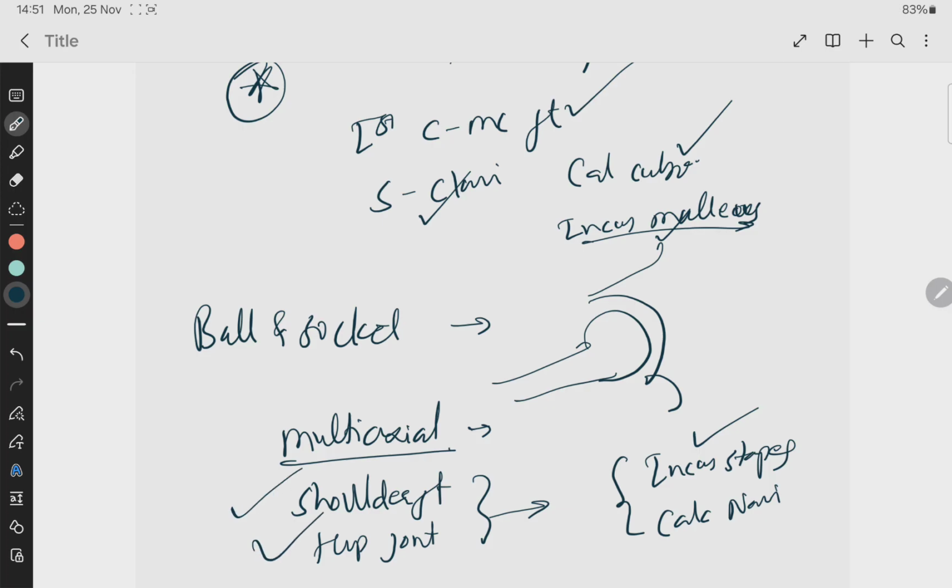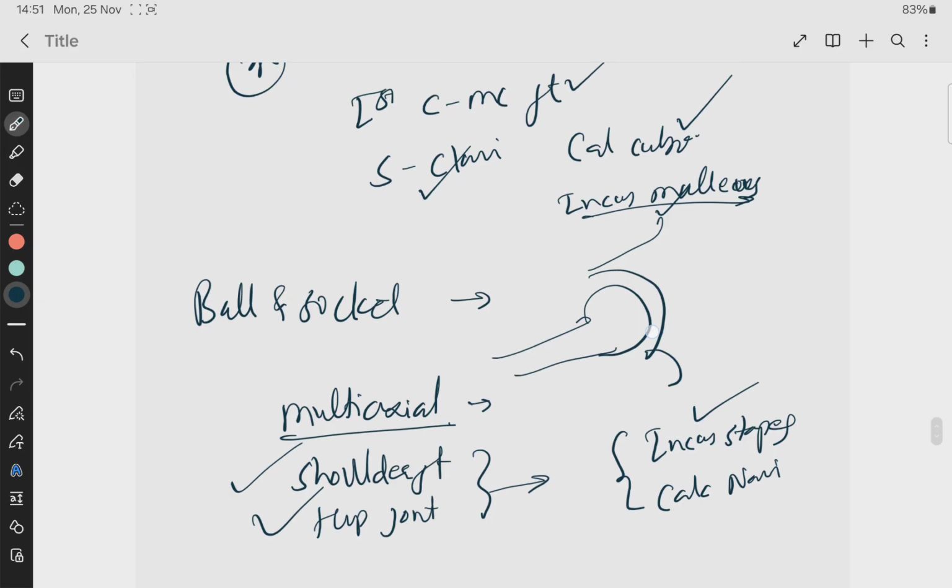That is called the freely movable type of ball and socket joint. So these are all the classifications with examples.